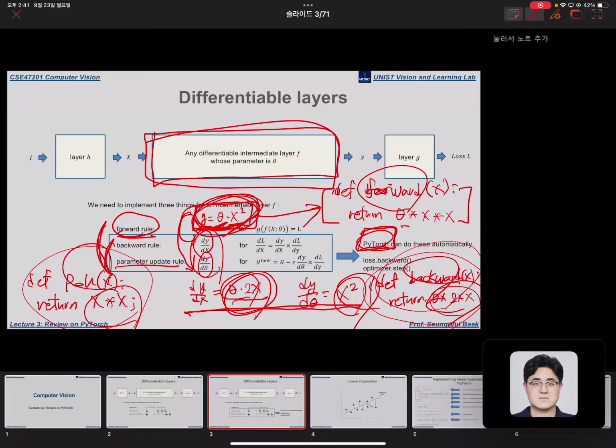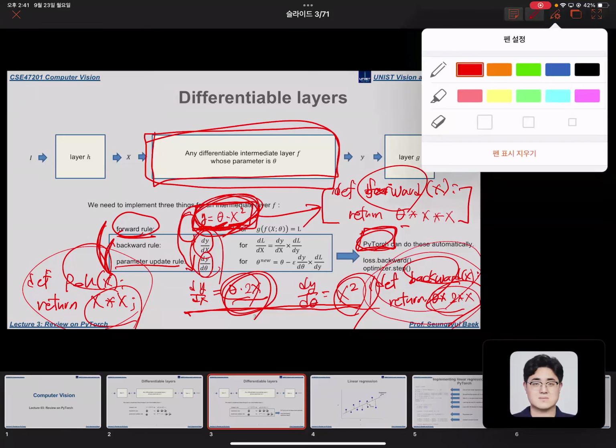So what they are doing is they somehow provide some automatic gradient calculation function.